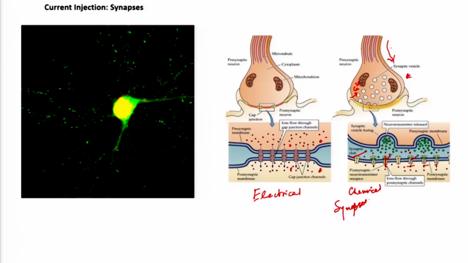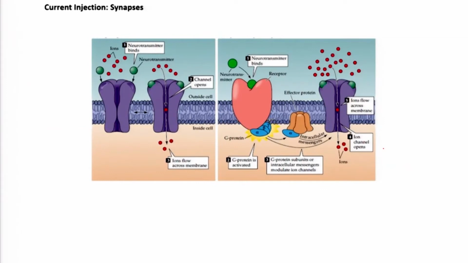If we look further, there are two types of receptors, essentially the ionotropic receptors or metabotropic receptors.